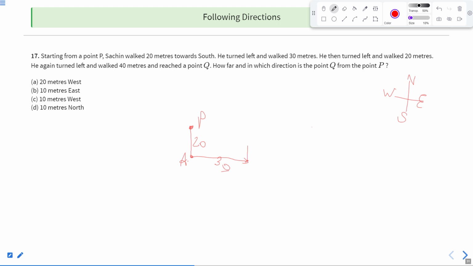Then he turns left again, walks 20 meters. Then he turns left and walks 40 meters. This is point Q.